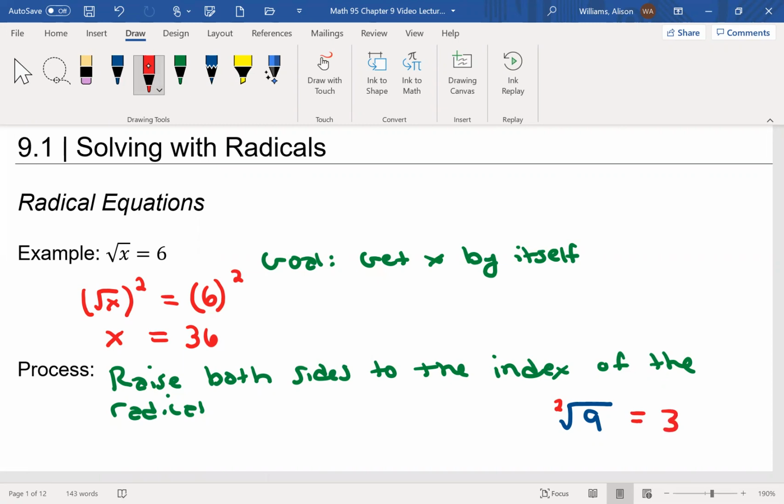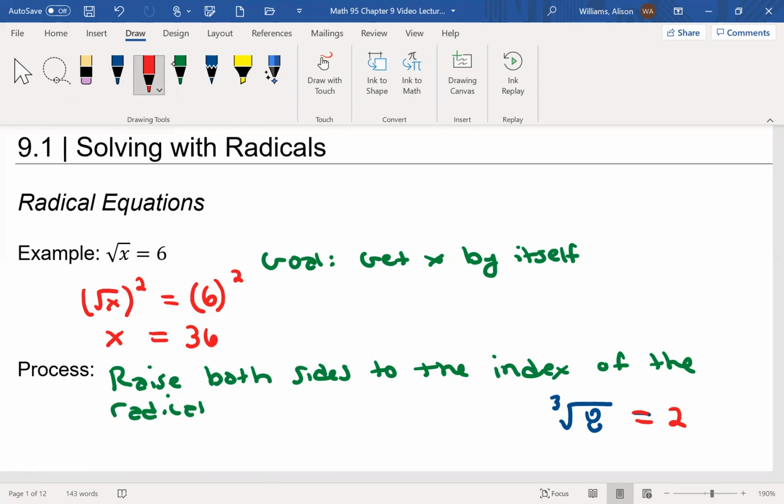But it can change. It doesn't have to be a 2. We could have another index, like a 3. So if I said what to the power of 3 gives us 8, well, that's different. That's a 2, right? Because 2 cubed, 2 times 2 times 2, gives us 8.